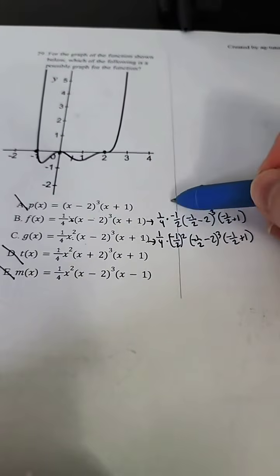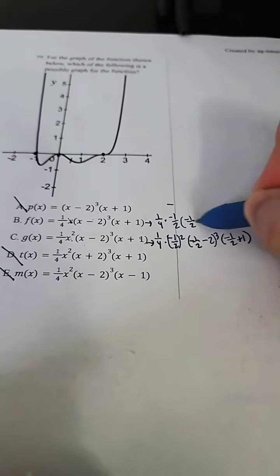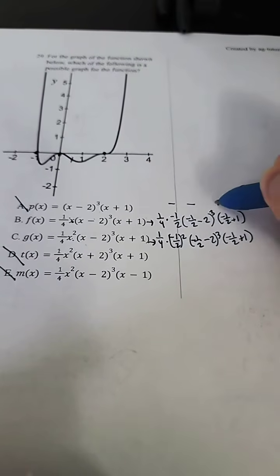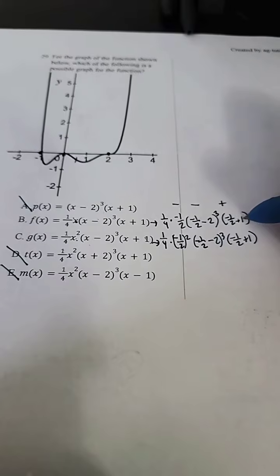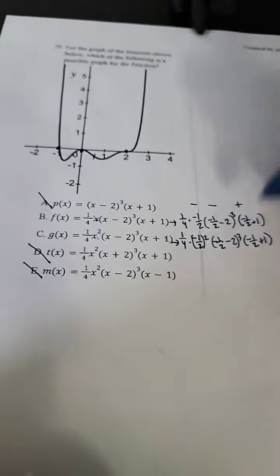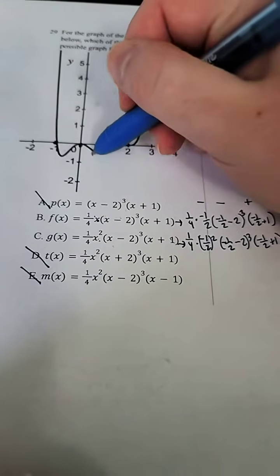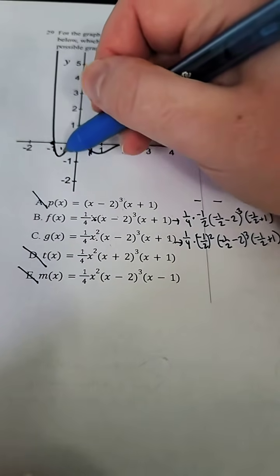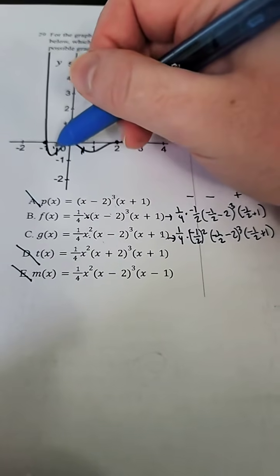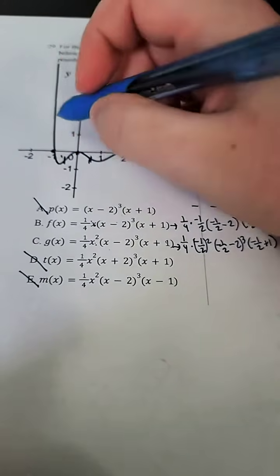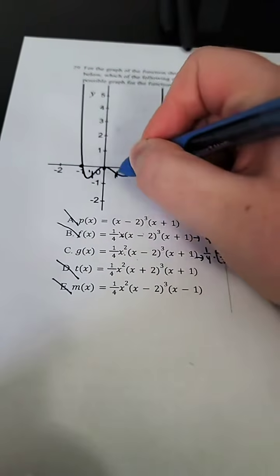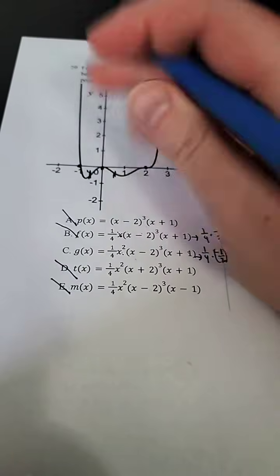So this is a negative times a negative value cubed, which is also negative, times a negative, times a positive, because -1/2 plus 1 is a positive number. So negative times a negative is a positive, times a positive is positive. But when we look at x equaling -1/2, that should be a negative number, not a positive number. So it can't be b. Sorry about that, I was talking too much at the same time.